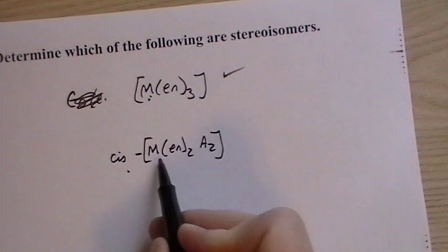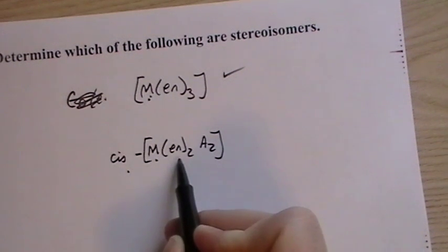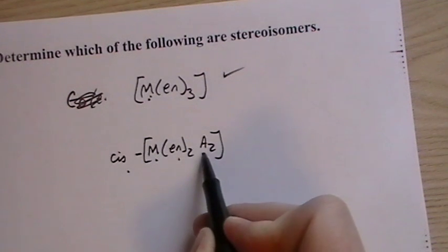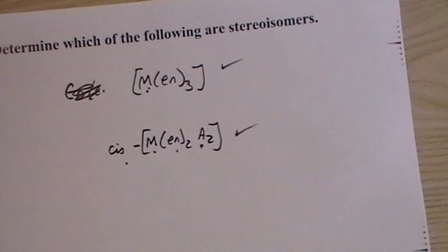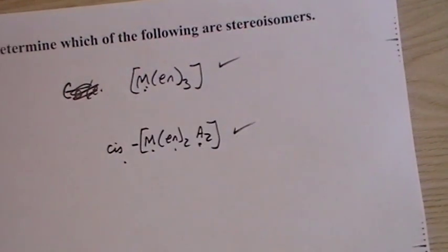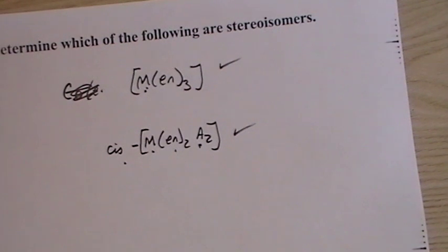If it's cis and you have a metal with 2 ethylene diamines, and then whatever these others are, this could be chlorine, hydroxo, it doesn't matter, this is optically active. And that's it for us. There are others, but for us, that's all you see. All the rest of them that you see will be optically inactive, just regular molecules.